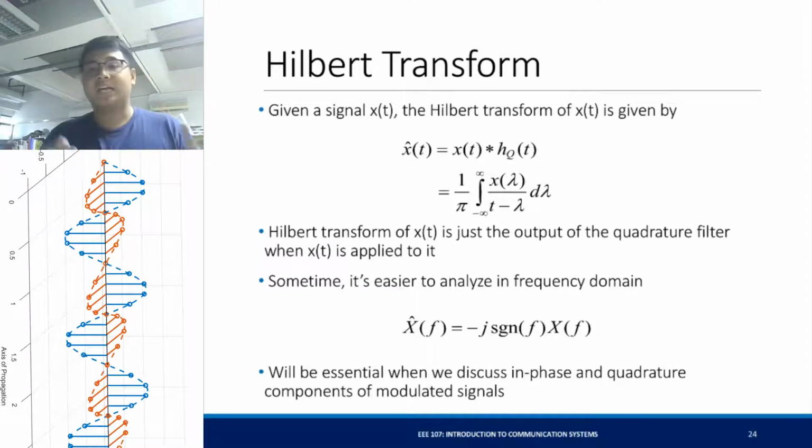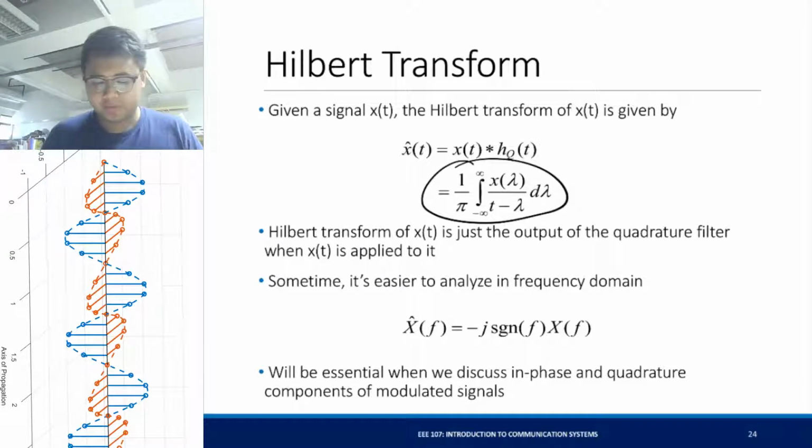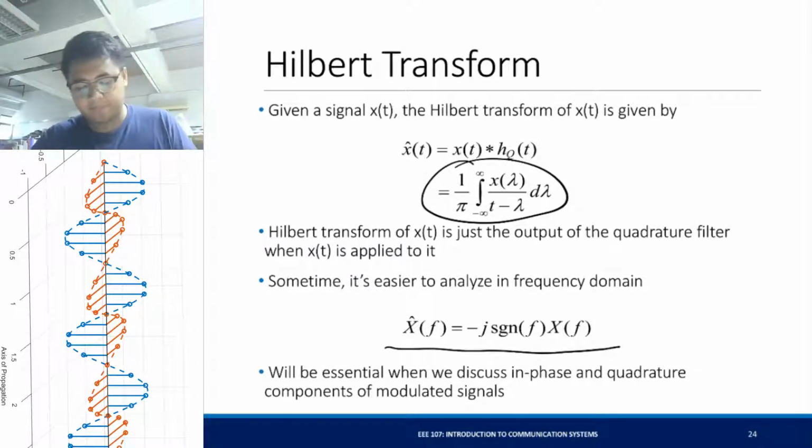The output is actually your Hilbert transform. Okay? So it's in this form, right here. And basically, you perform the Hilbert transform if you use the quadrature filter. And it's easier to analyze in the frequency domain, right here. And this is essential when we discuss in-phase and quadrature components of modulated signals.